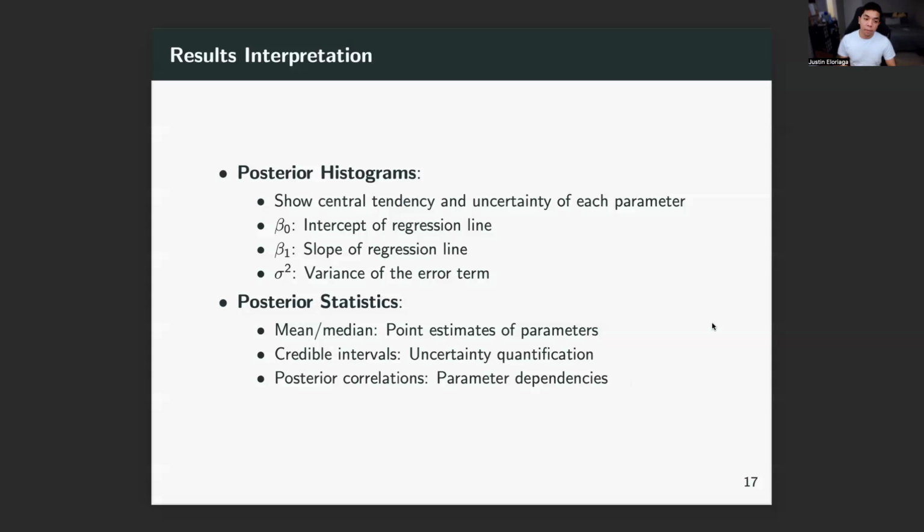These things basically show the central tendency and uncertainty of each of the three parameters that we've discussed. And we can see here credible calculations for the point estimates. You can take a median posterior response of each of them and you'll be able to get that. And drawing from that allows us to get these certain things.